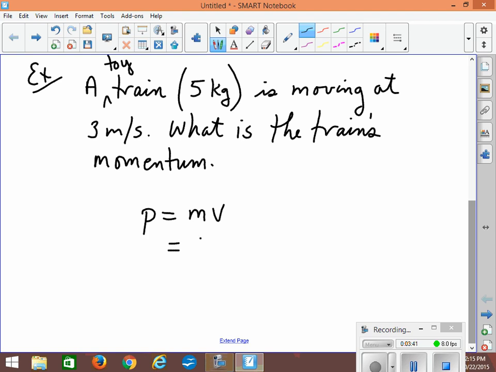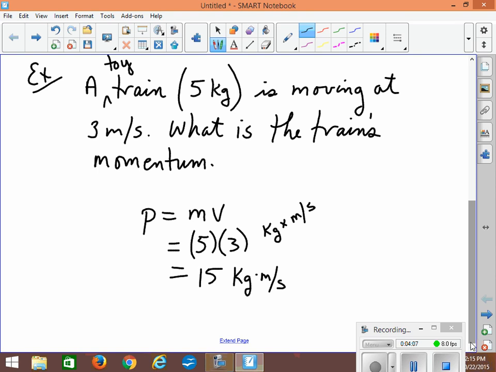So 5 kilograms multiplied by 3 meters per second, and you would end up with 15. And of course we need a unit. We've got a kilogram, that's the mass, multiplied by meters per second, this is velocity. So it's a kilogram times a meter per second. And that's precisely what we call it, a kilogram meter per second.